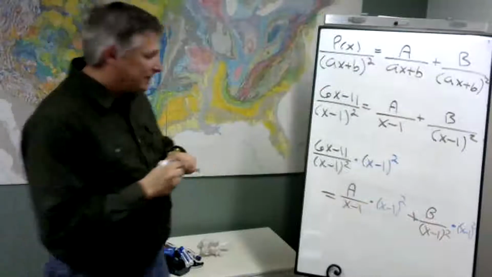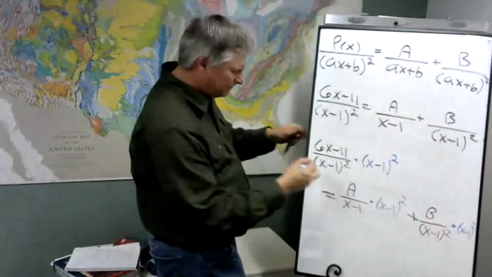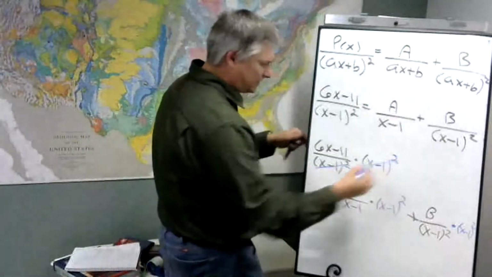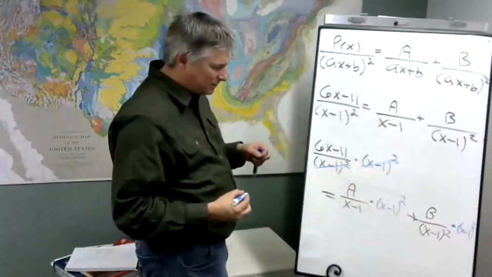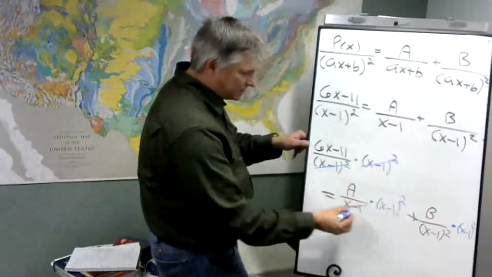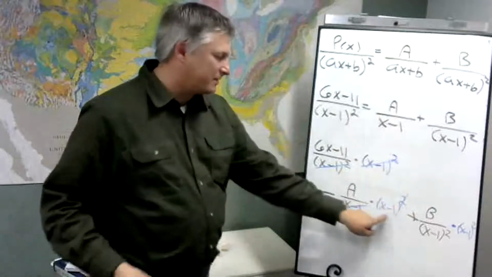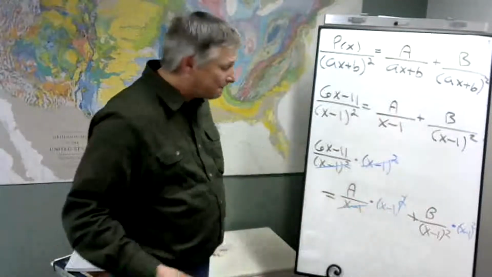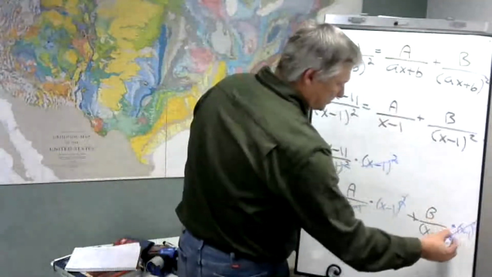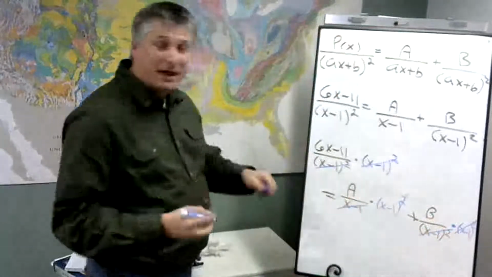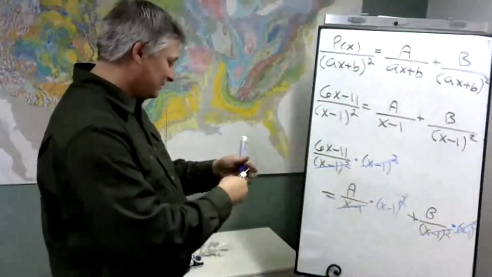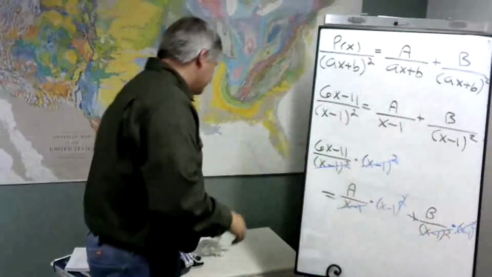So we look for cancellations. (x - 1)² over (x - 1)², that goes away. We'll lose this x - 1 and we'll lose the square. We'll have an x - 1 that remains. (x - 1)² over (x - 1)², that goes away as well. So let's take a look.